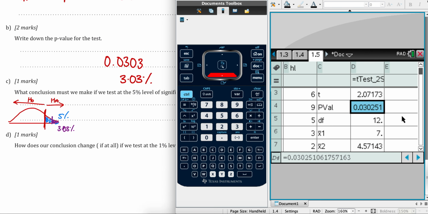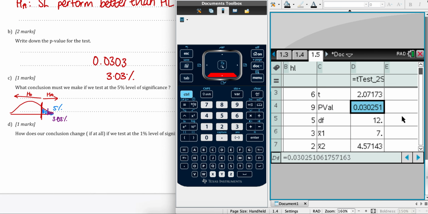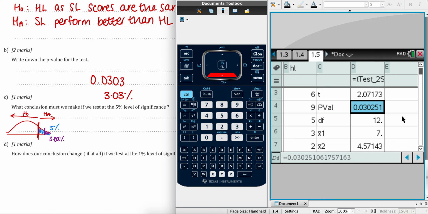And therefore we can see that because the p-value is smaller than the significance value, we want to take the alternative hypothesis and we're rejecting the null. So we're going to reject the null hypothesis and we're going to accept the alternative. Okay, and any sort of working to back this up, whether it's a diagram or whether you're saying that the p-value is smaller than the significance level, or the level of significance, okay?